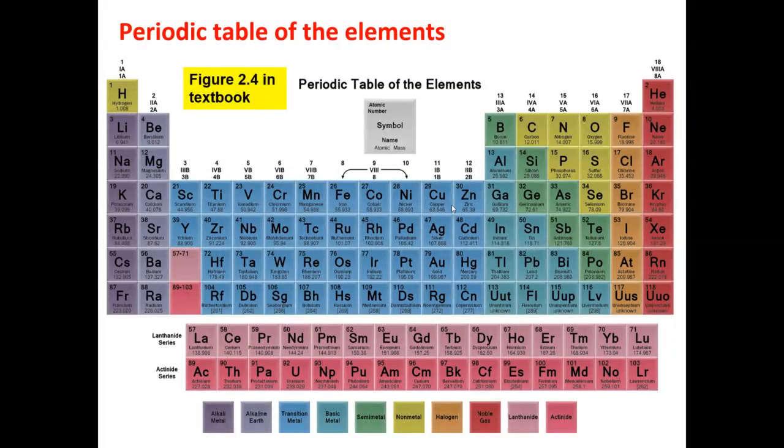This Fe is from the Latin word for iron, which is ferrum. In fact, metals that have iron in them are called ferrous metals, like steel has iron in it, so it's a ferrous metal. Potassium, K, is from the Latin word for potassium, which is something like kalium. In fact, there is a medical condition called hypokalemia and hyperkalemia.